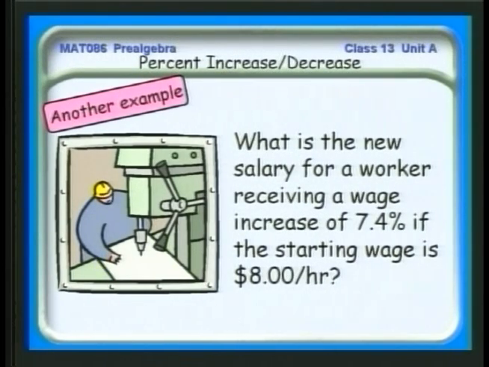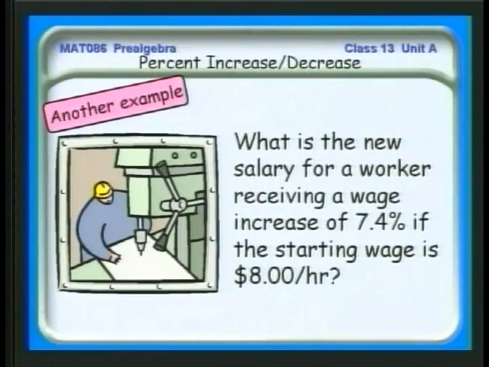We're looking at this from a slightly different point of view, because now instead of being asked for the percent, we're given the percent and asked to find out what the new increased amount is using all of our definitions. Let's mine this problem for information.